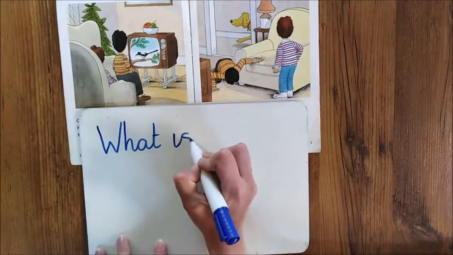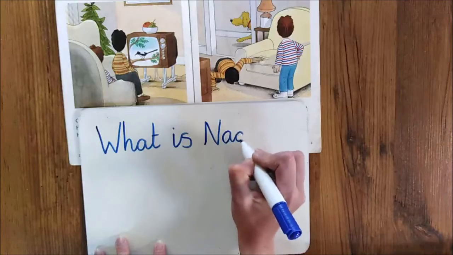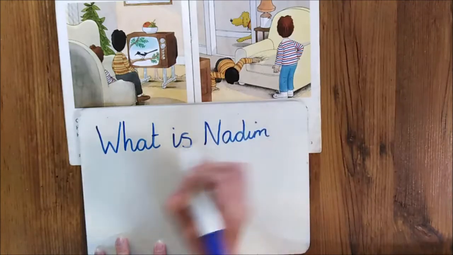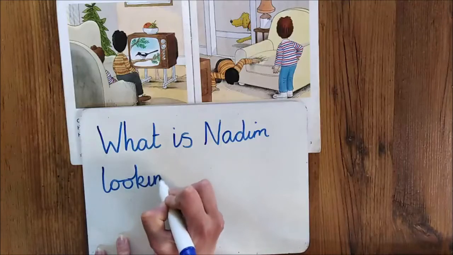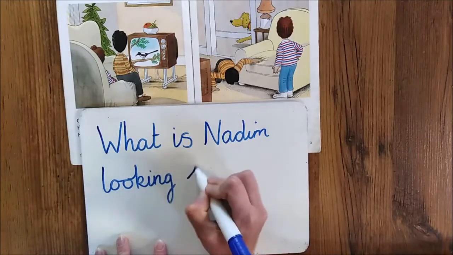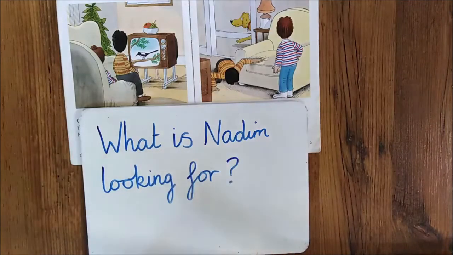What is... Nadim is a name, so it needs a capital letter. Looking for. And I end it with a question mark to show that it's a question. And I know it's a question because I can answer it. He is looking for the magic key.